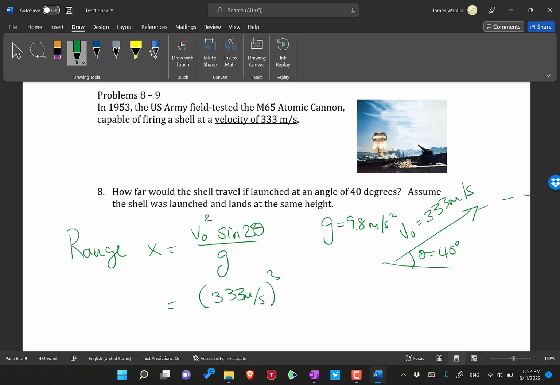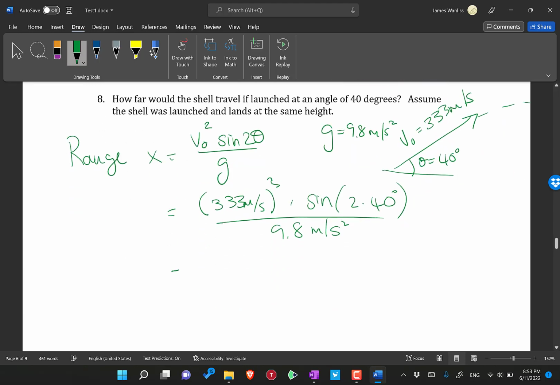Squared times sine of 2 times 40 degrees divided by 9.8 meters per second squared. And that works out to be 11.1 times 10 to the 3 meters, which is, of course, 11.1 times 10 to the 3 kilometers. Done.